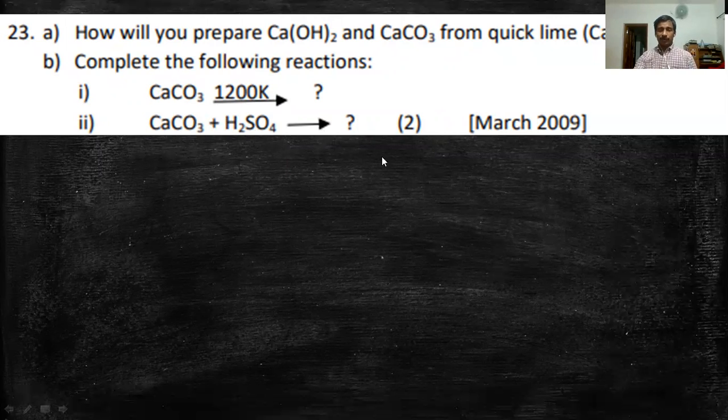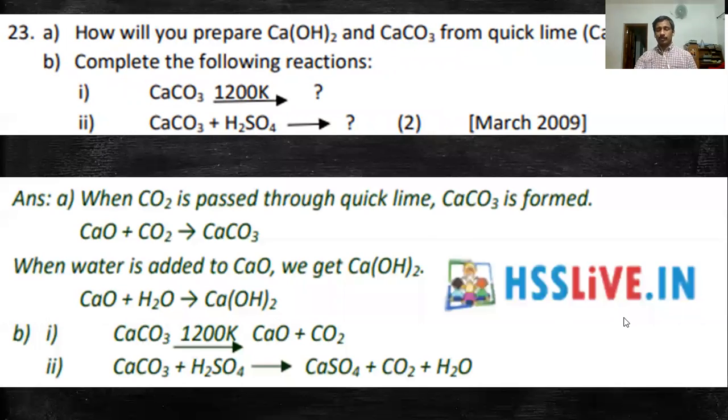CaCO3 plus H2SO4 gives CaSO4 plus H2O plus CO2. These reactions are very important. You have to study them. CaO plus CO2 gives CaCO3; CaO plus H2O gives Ca(OH)2, plus CO2 gives CaCO3. You can write this one or one more step here.